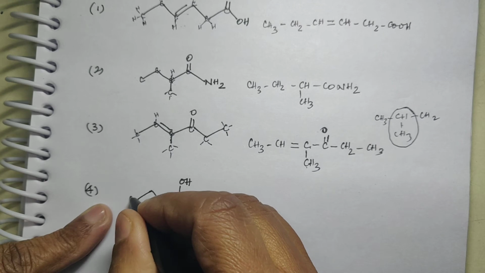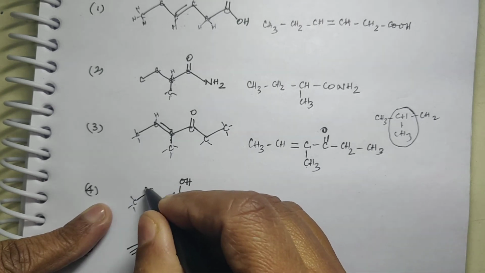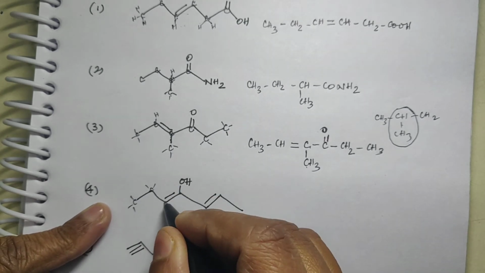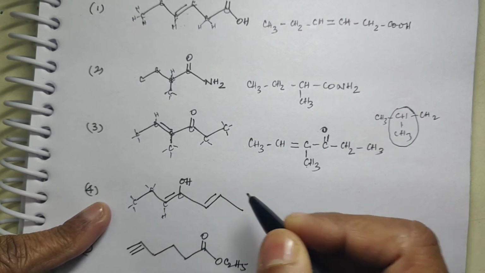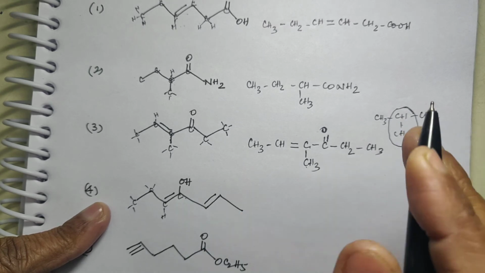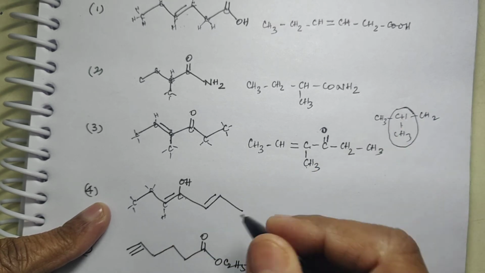Then this is again with 3. This is with 2. This is already having 3, so there is 1 hydrogen. This is a carbon. 1, 2, 3, 4 already there, so no hydrogen here.